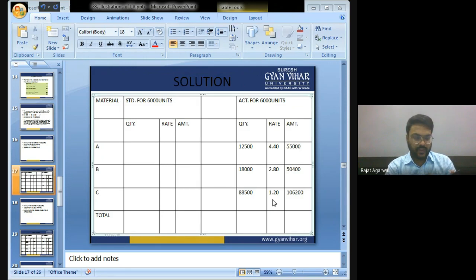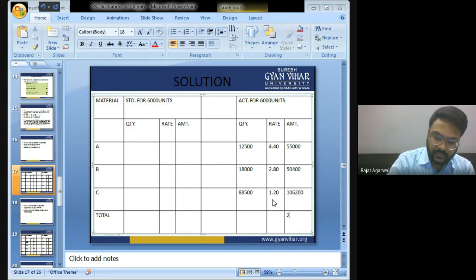Total: 55,000 plus 50,400 plus 1 lakh 6,200, 2 lakh 11,600.